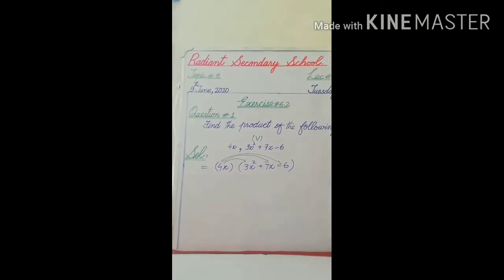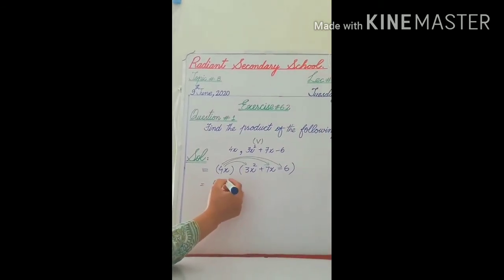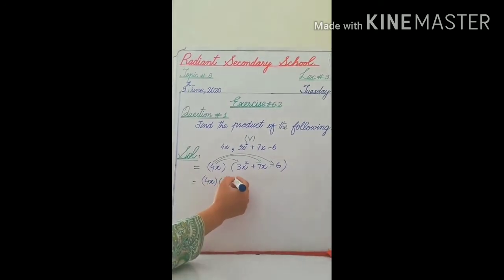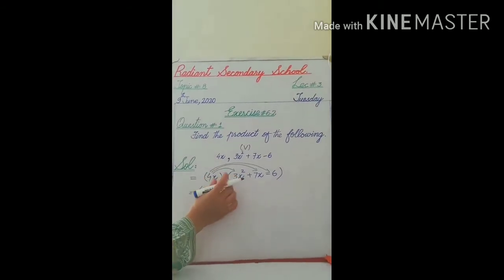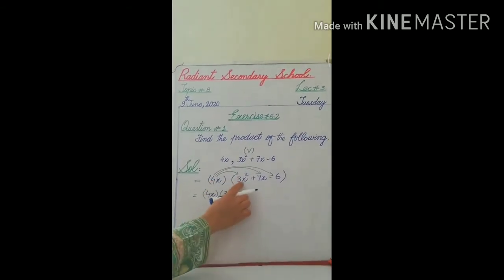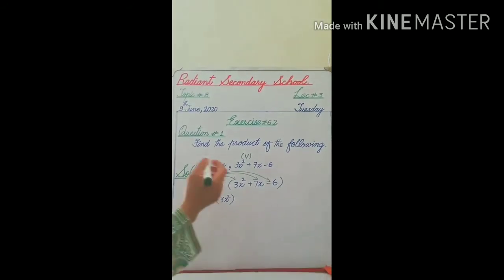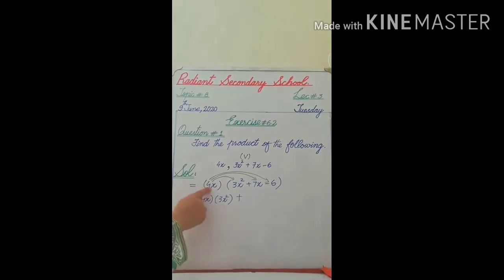Now I write in brackets. 4x into 3x square, into means multiply sign. Now first I have written 4x multiplied with 3x square. Now which sign is coming? Plus sign is coming, so this plus sign will come down as it is.